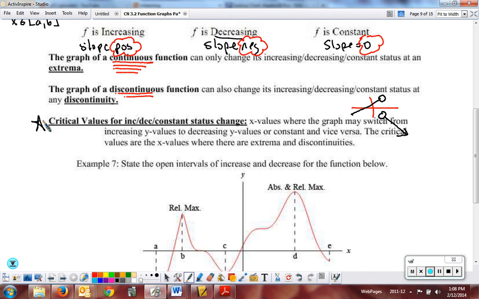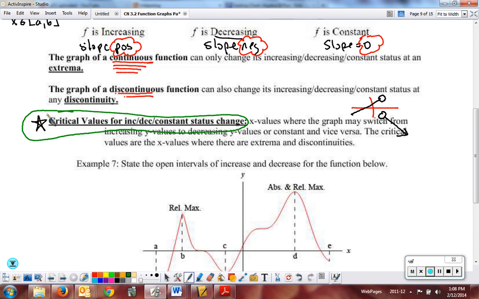This is why I'm going to start talking about critical values for increasing, decreasing, constant status change. So it's going to be very similar to doing a sign chart, except it's going to be an increasing, decreasing chart kind of idea. It's going to be like a slope chart.